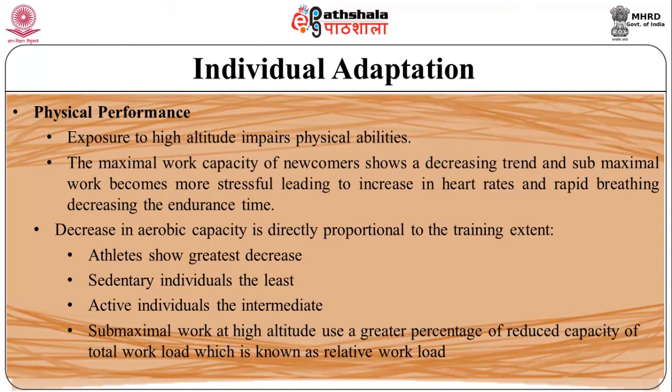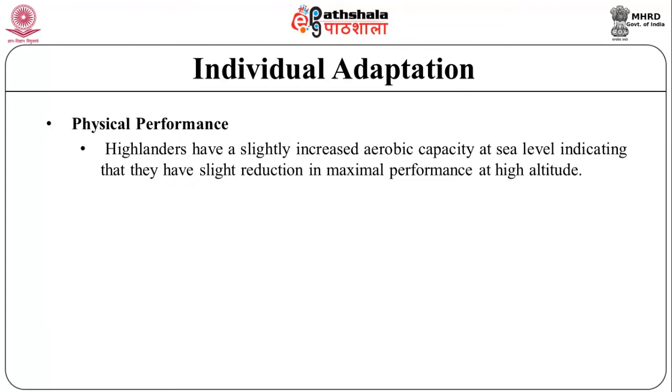Submaximal work at high altitude uses a greater percentage of the reduced capacity of total workload, which is known as relative workload. Now, highlanders have a slightly increased aerobic capacity at sea level, indicating that they have a slight reduction in maximal performance at high altitude.